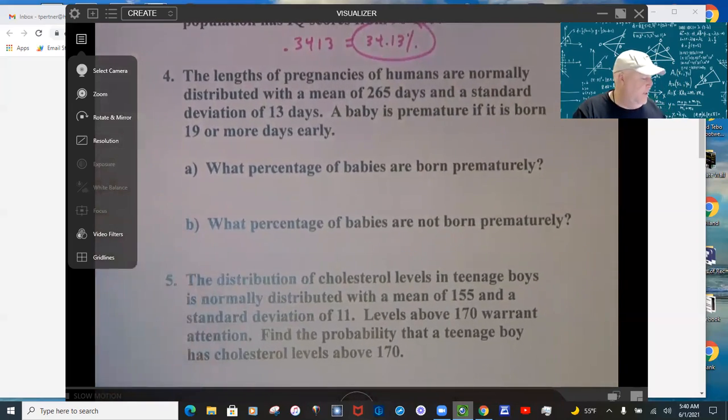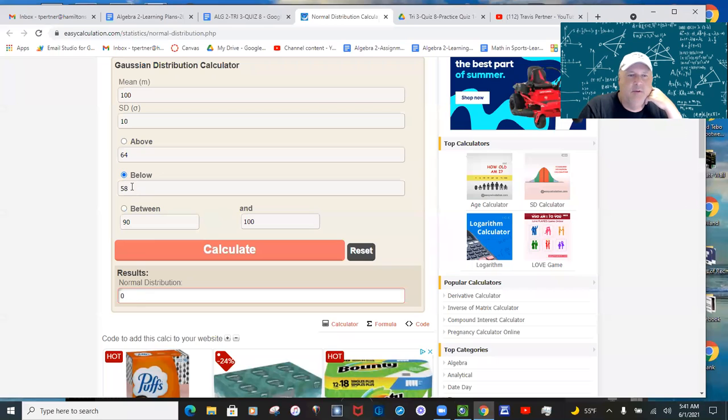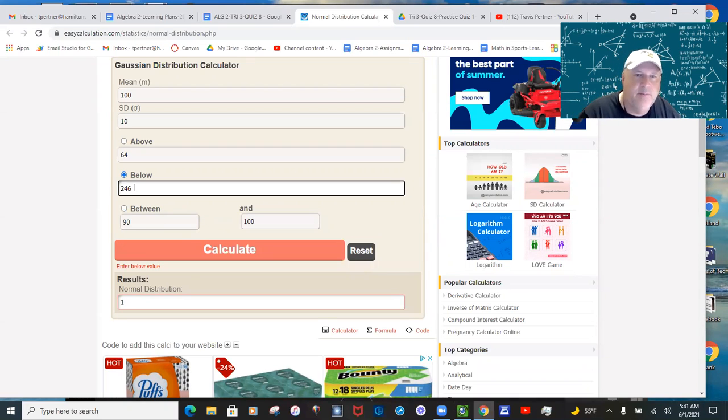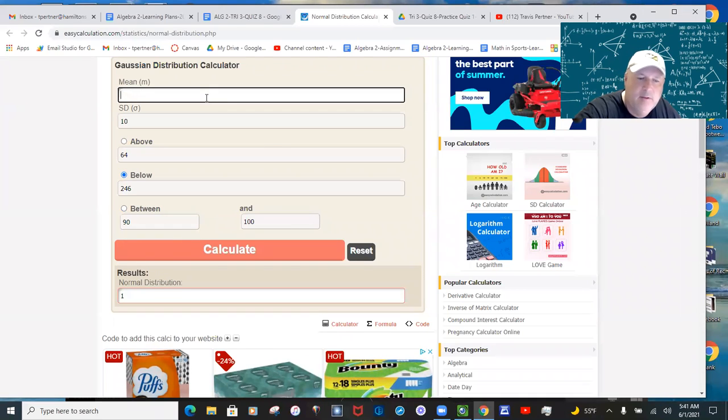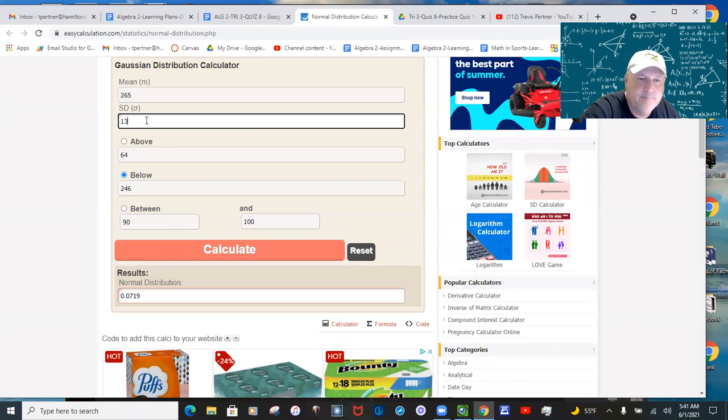So what percentage of babies are born prematurely with this data? So 19 or more days early. So that's going to be 246 or less. So below 246. And then we got to put in the mean of 265 and standard deviation of 13.